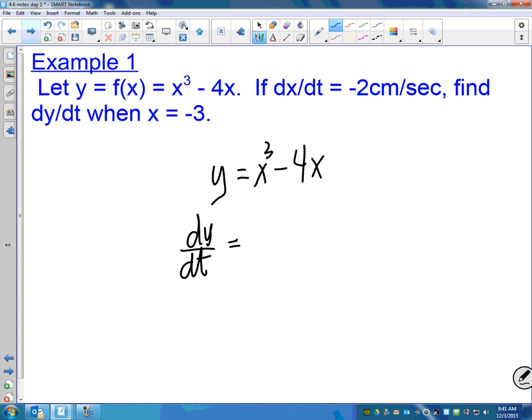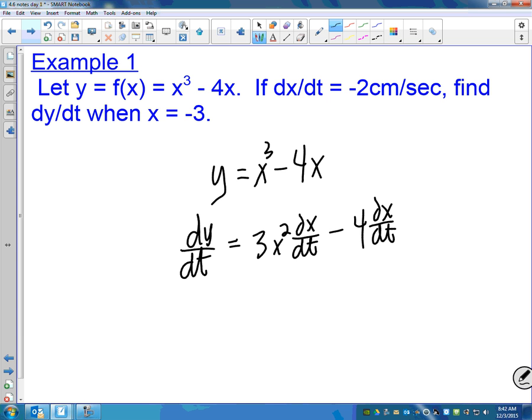And then the derivative of x cubed is still 3x squared. We're going to have to multiply by dx over dt, minus 4 dx. Every time I take the derivative of x, I'm going to multiply by dx.